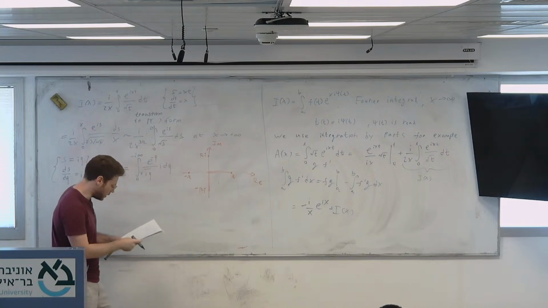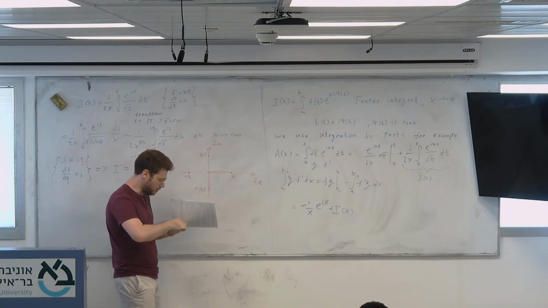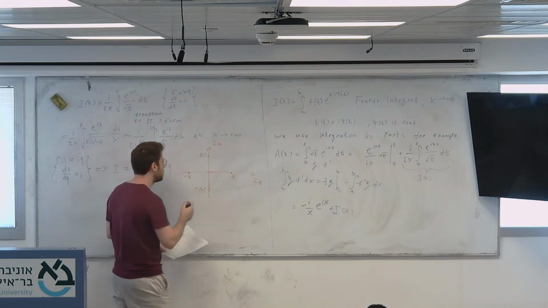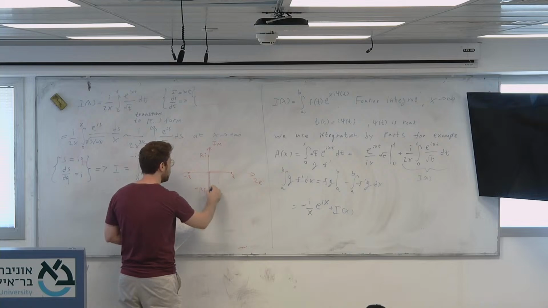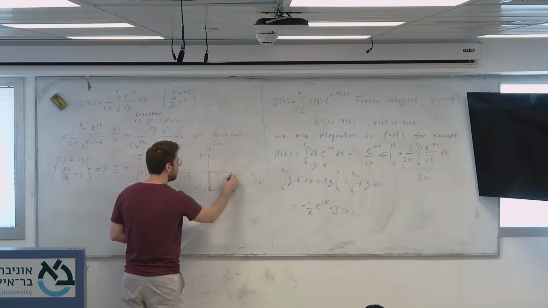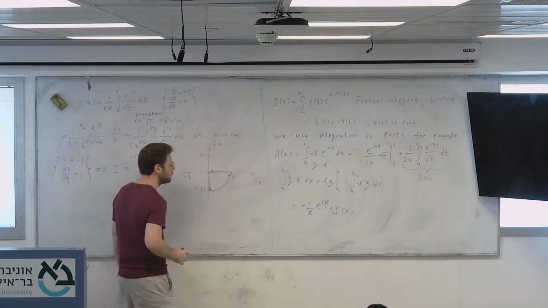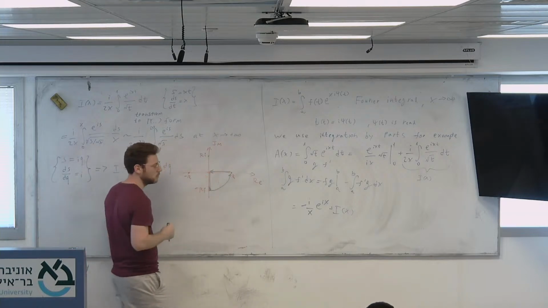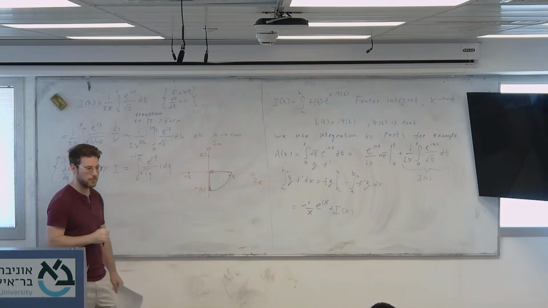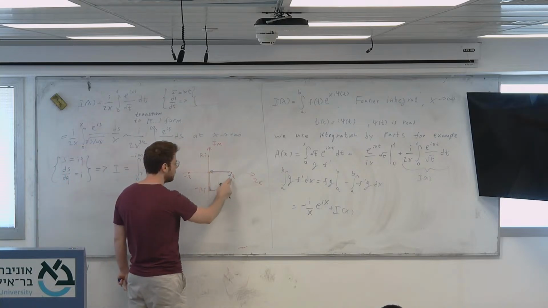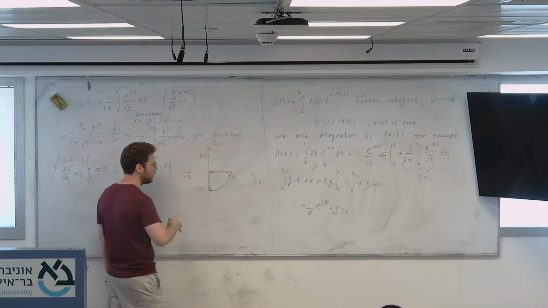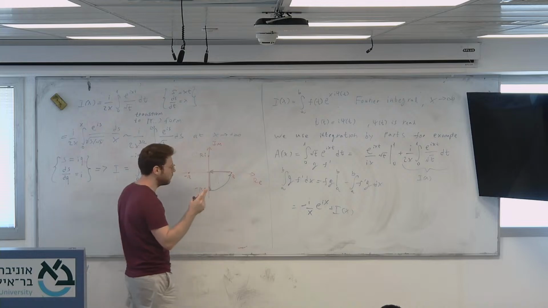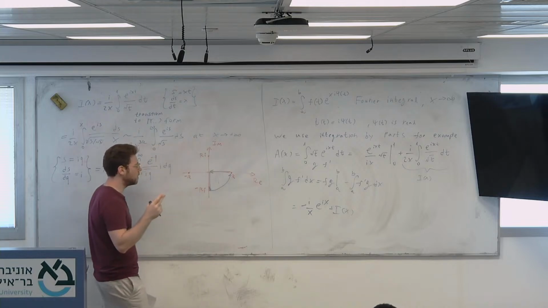So we can use Cauchy's theorem for this. We want to show that if we integrate this way, the integration over a closed path is 0. You can also use the residue theorem.